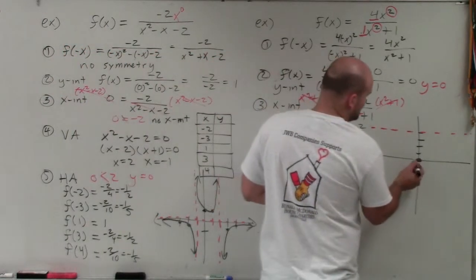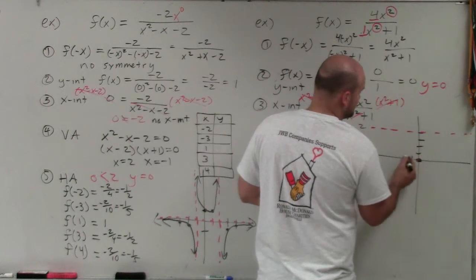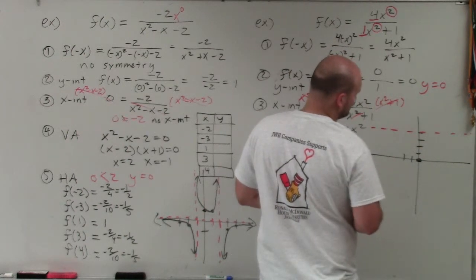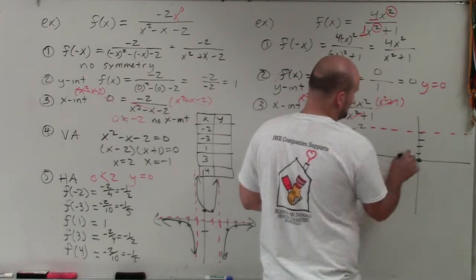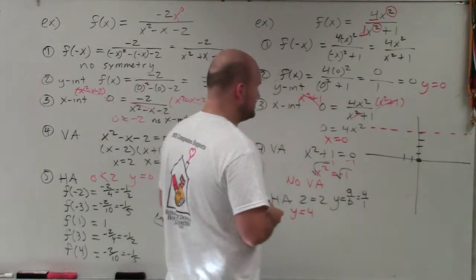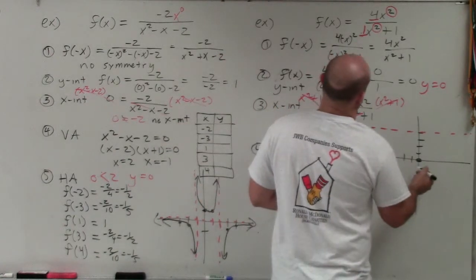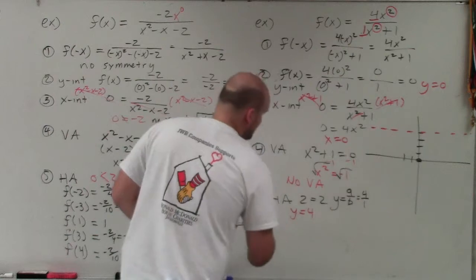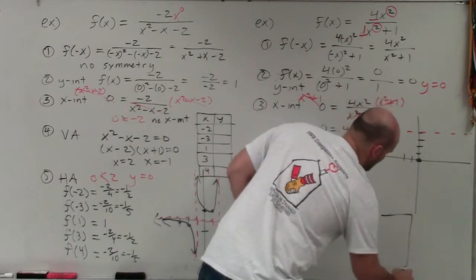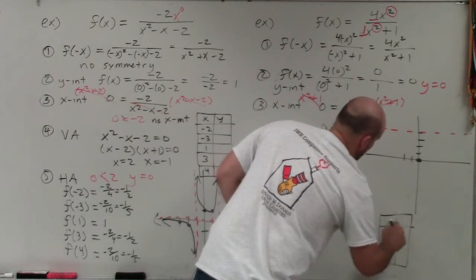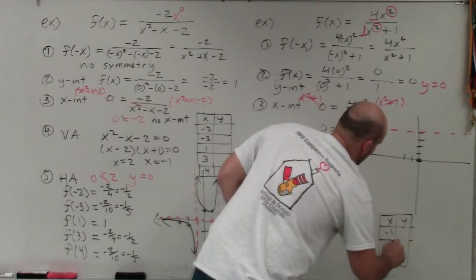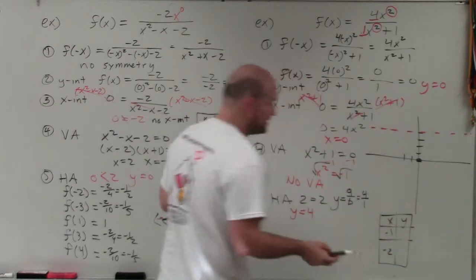Since we can use symmetry, I'm just going to choose 2 values. I'm going to plug in for x negative 1 and negative 2, and determine the y values.